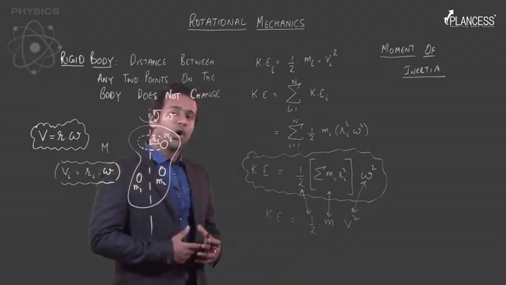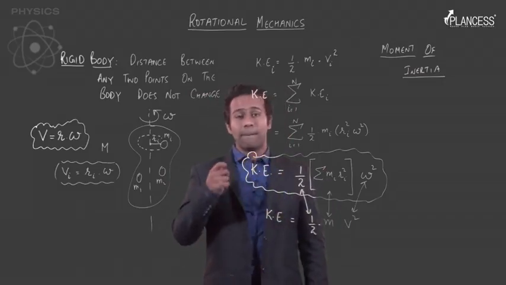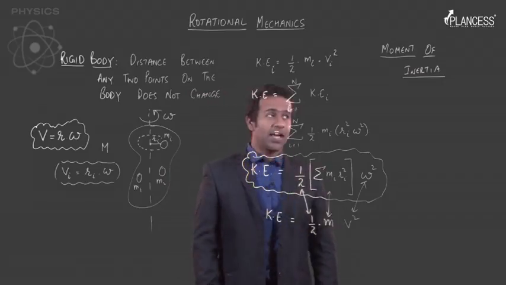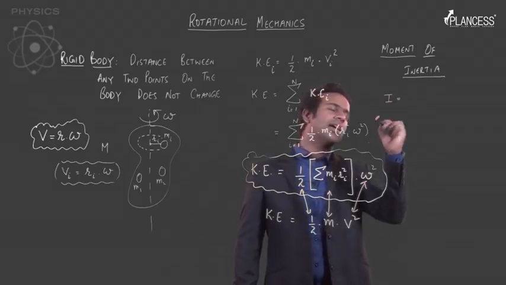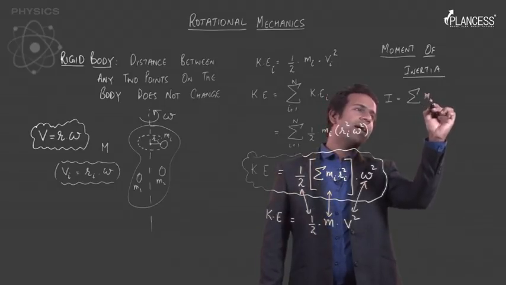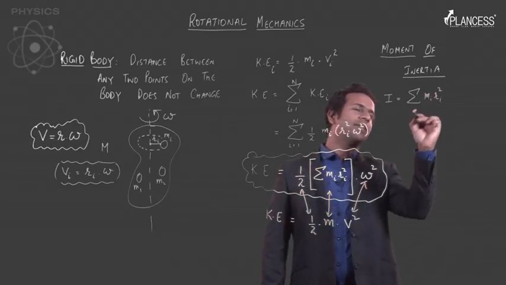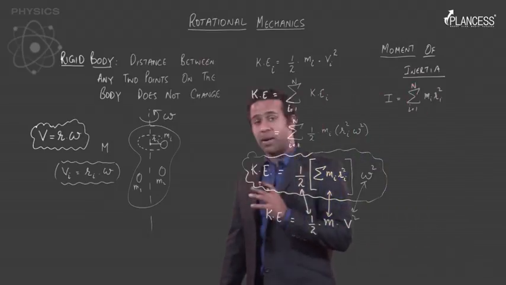So whenever we'll talk about rotation, moment of inertia is what mass is to linear motion. And moment of inertia is generally denoted by the symbol I. It is given by summation of mi Ri square, where i varies from 1 to n if you have a collection of n particles.